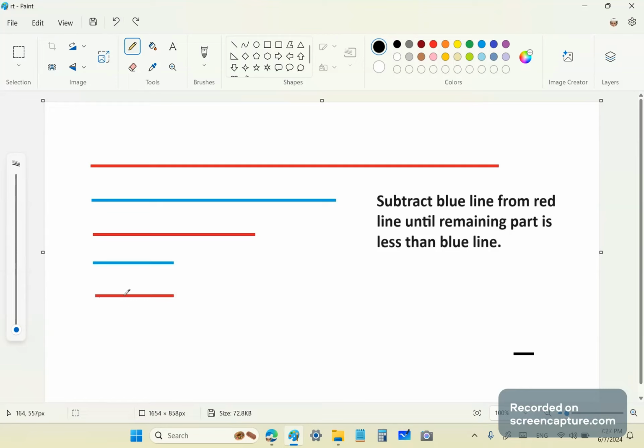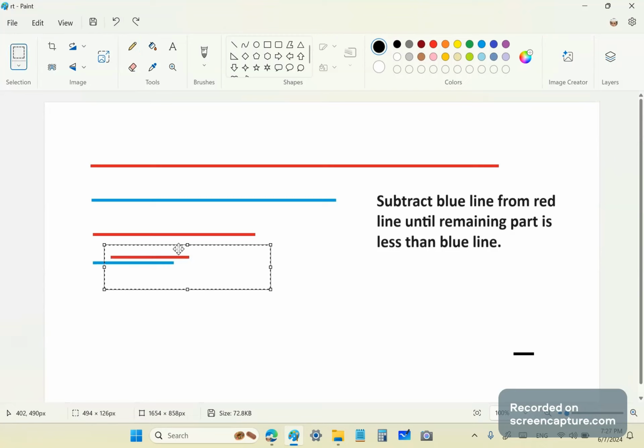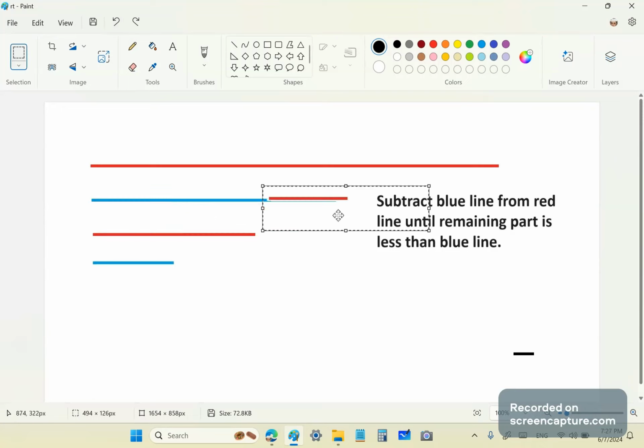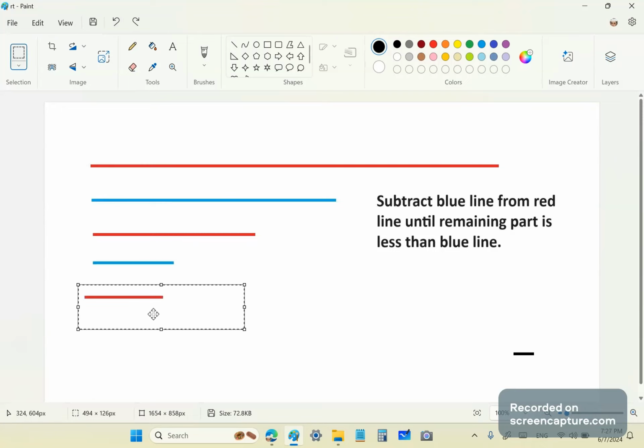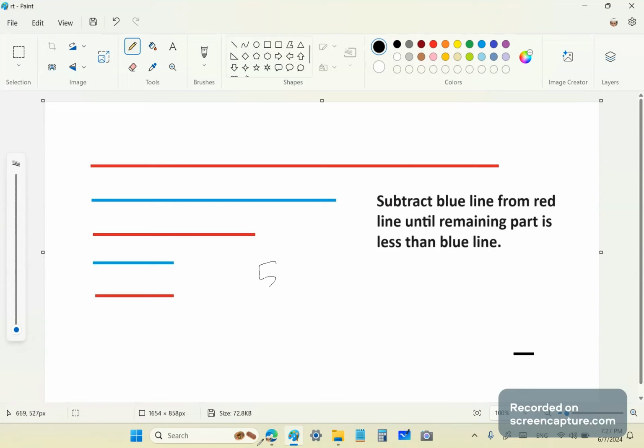But if, for example, we treated this as the unit, right, then that would measure the blue line 1, 2, 3, and the red line 1, 2, 3, 4, 5, meaning that we're actually finding the common divisor of 5 and 3, right? And the way we do that is by subtracting 3 from 5, it's 2.